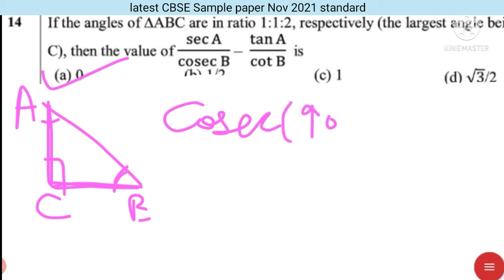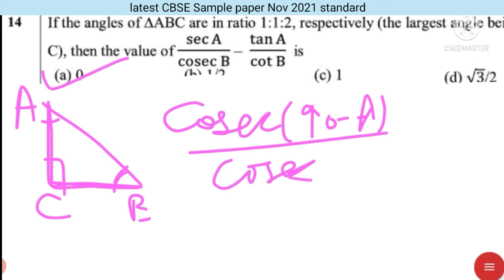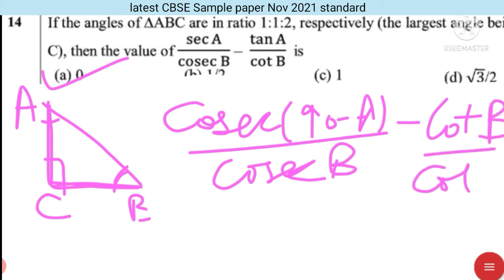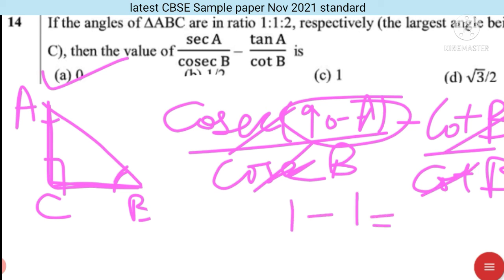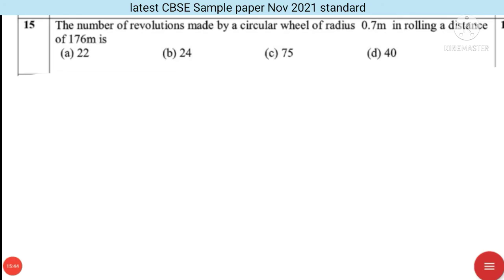So secant A upon cosec B becomes cosec of 90 minus A upon cosec B, and similarly tan A can be written as cot of 90 minus A, which is actually cot B, and upon that we also have denominator cot B. Similarly this also becomes cosec B and everything gets cancelled. We get 1 minus 1, that is 0. So this is also a shortcut to this question, but in both cases the answer is A.